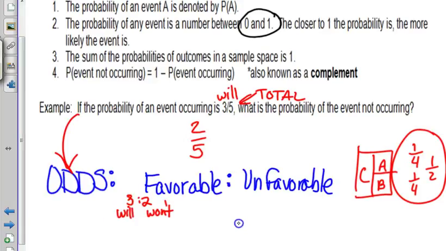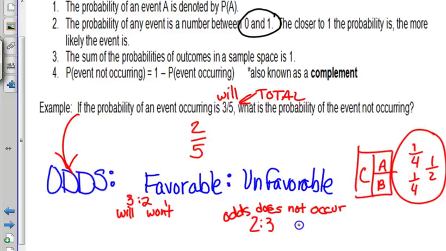What if I said, what are the odds the event does not occur? There's a question like that on the quiz. It says, if the probability this event occurs is 7 out of 12, what are the odds that the event does not occur?